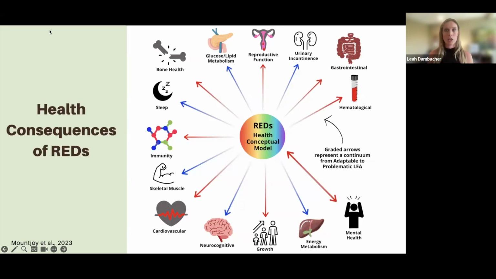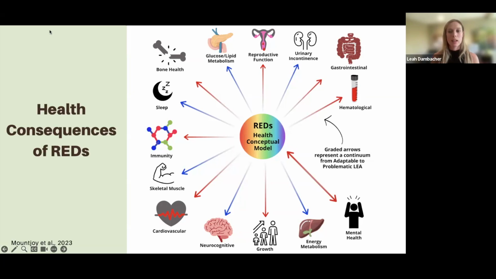We might see some changes in their digestion or their gastrointestinal health. We might see differences in their blood markers. It could be low in iron. A multitude of different blood markers might be a red flag for REDS as well.